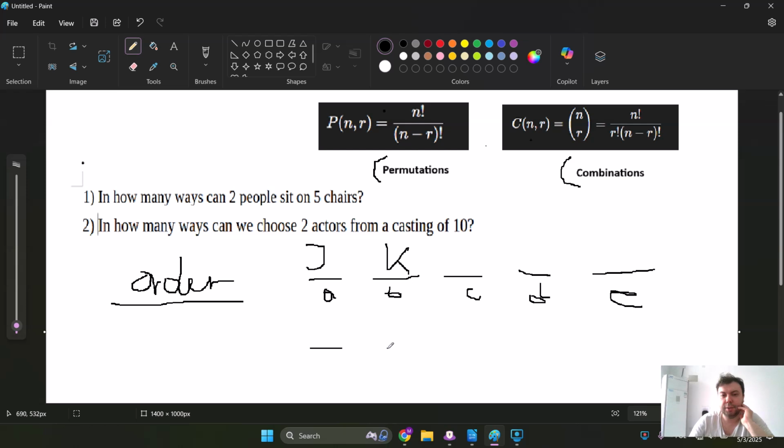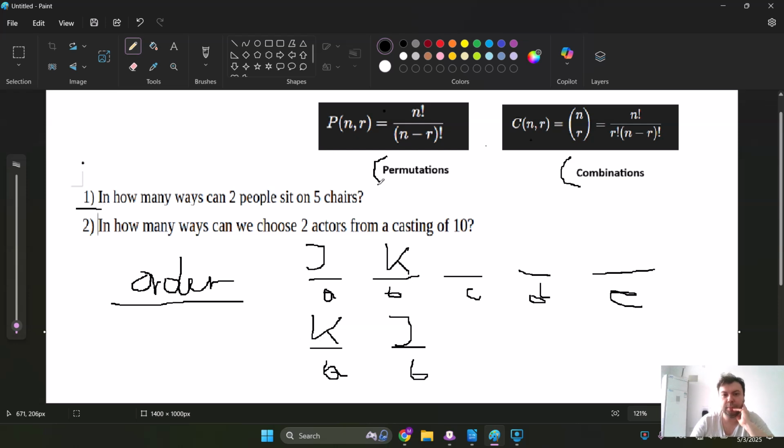And now again, you can choose seats A and B, and you can place Kevin on A and John on B. So you can clearly see that order matters, because although these are the same people, the seats are different, the arrangement of seats is different. So for this situation, order matters. So there will be more options than just combinations where order does not matter. So exercise 1, problem 1, order matters.